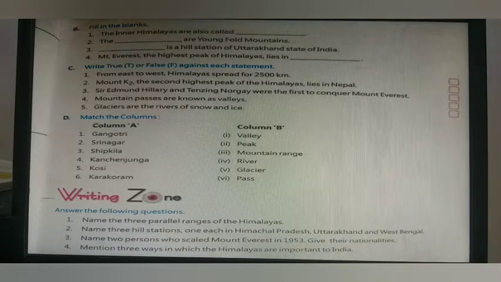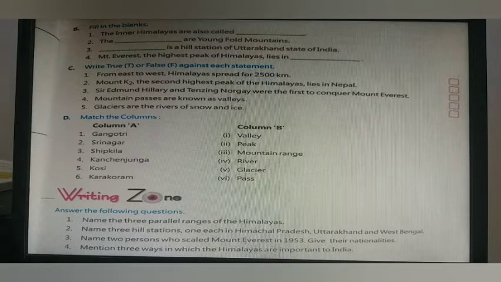Nainital. Nainital is a hill station of Uttarakhand state of India. Fourth, Mount Everest, the highest peak of Himalayas, lies in blank, that is Nepal. Exercise C and D you can do on your own.